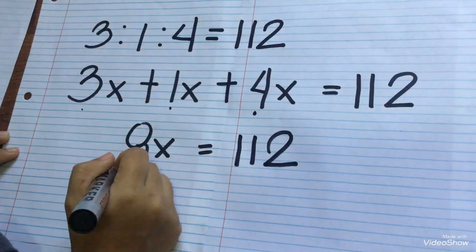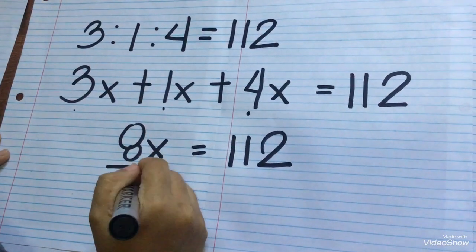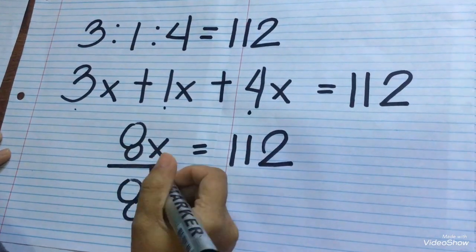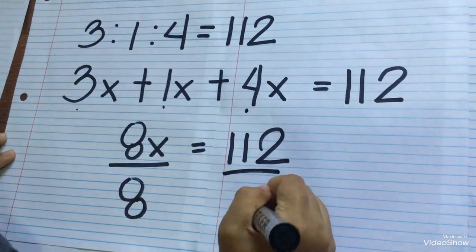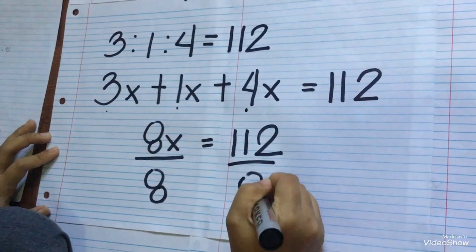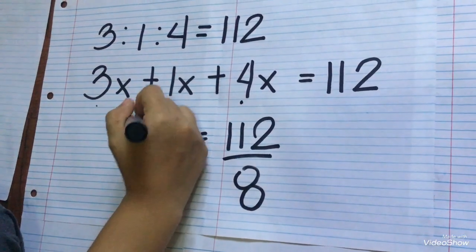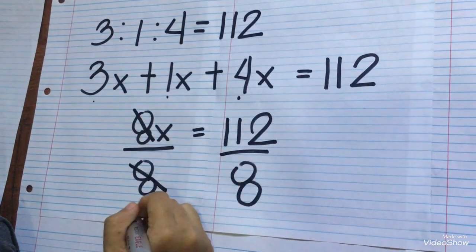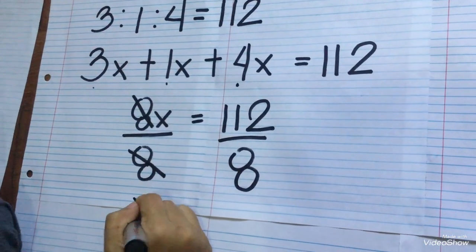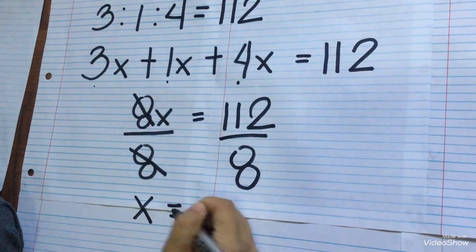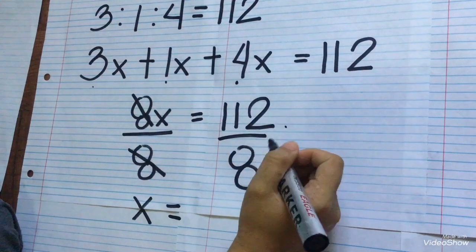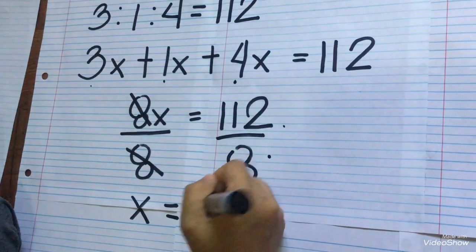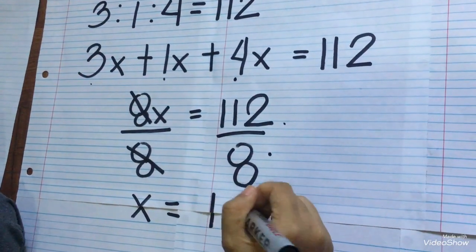We're going to divide both sides by 8. We will cancel 8 over 8. X is equal to 112 divided by 8 is equal to 14.